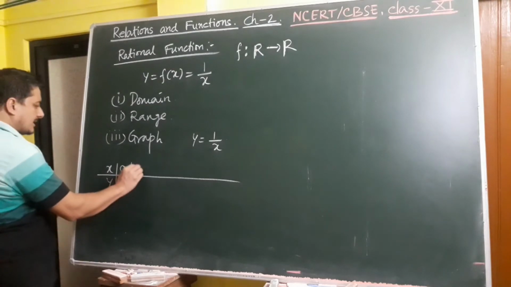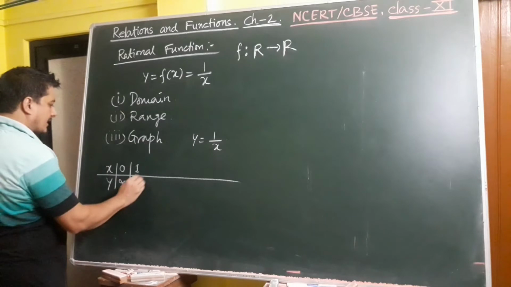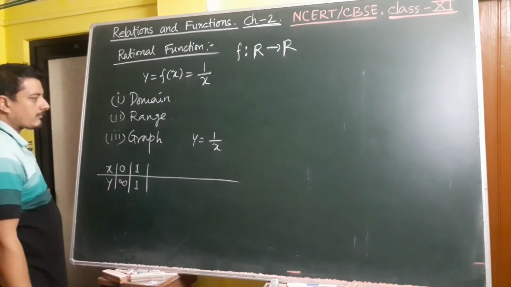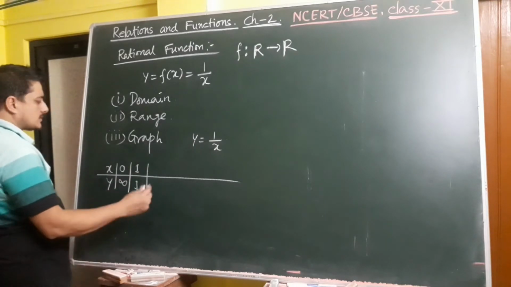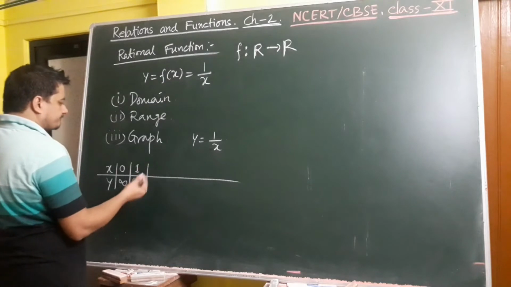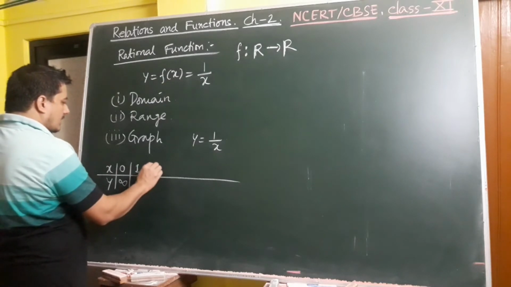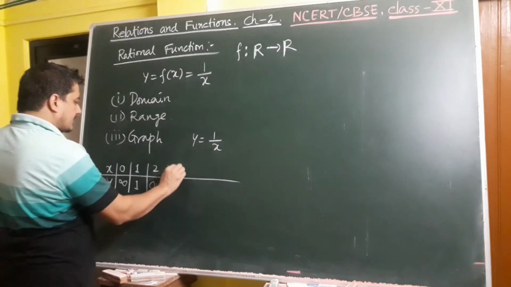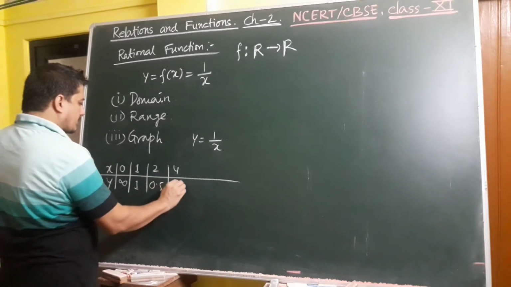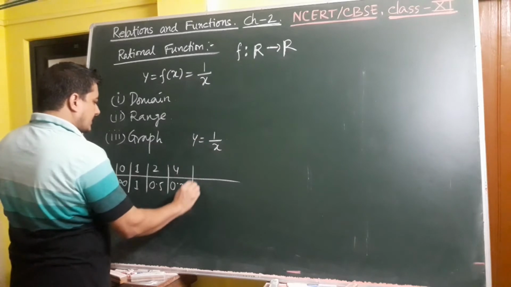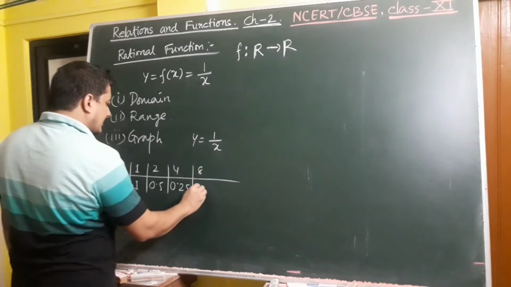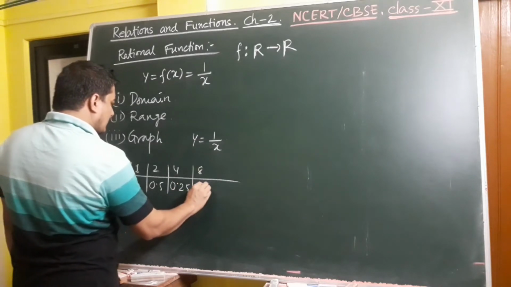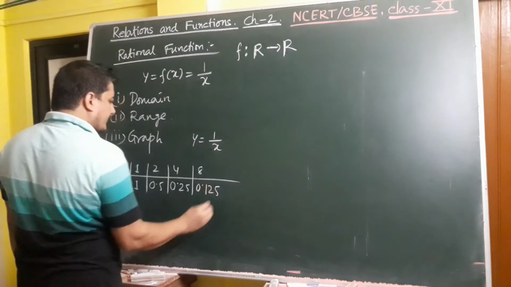Okay, so if you take 1, then it will be 1. If you take 2, then it will be 0.5. If you take 4, it will be 0.25. If you take 8, then it will be 0.125.